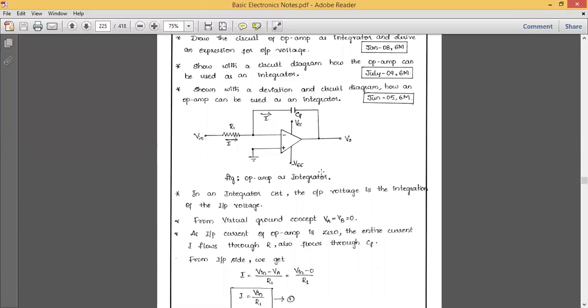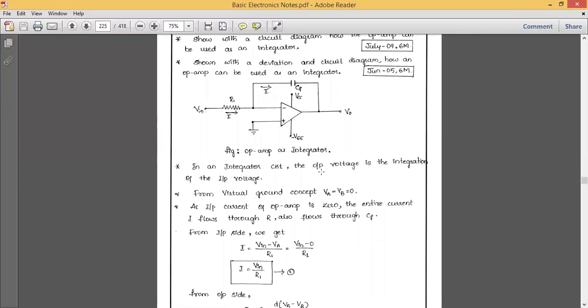To understand more about the integrator, let us consider the given figure. Here, instead of a feedback resistor, a feedback capacitor is used, which is connected from output to the inverting terminal of op-amp, that is pin number 2.